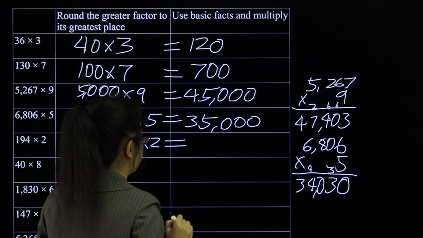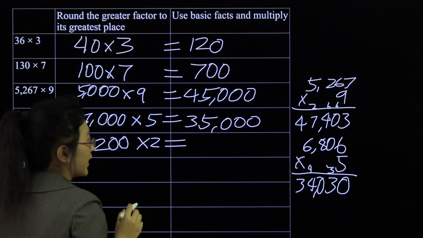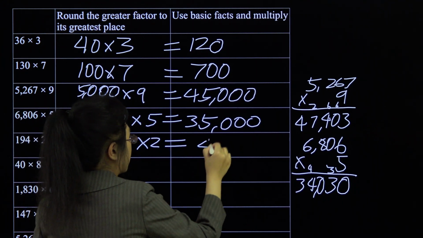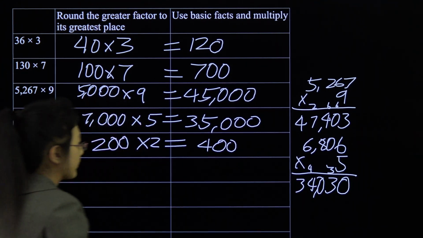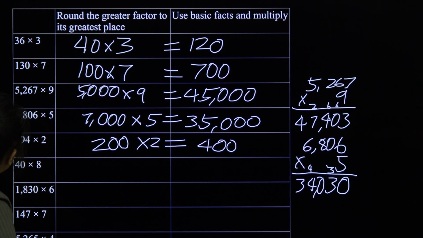Use basic multiplication facts to multiply, and then you get 2 times 2, 4, and then you add 2 zeros, 400. The actual product is 388, which isn't actually that bad of an estimate.